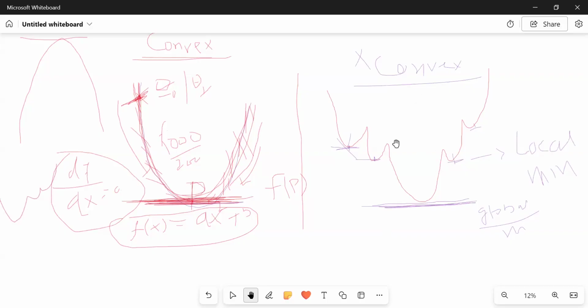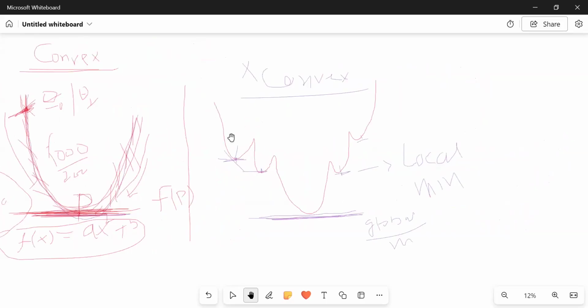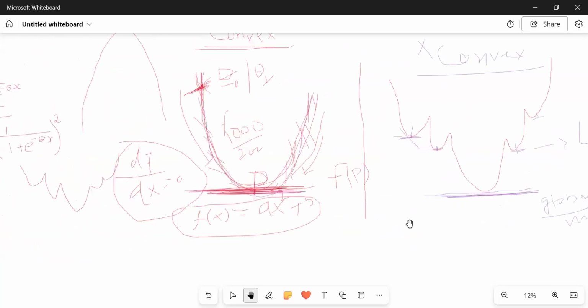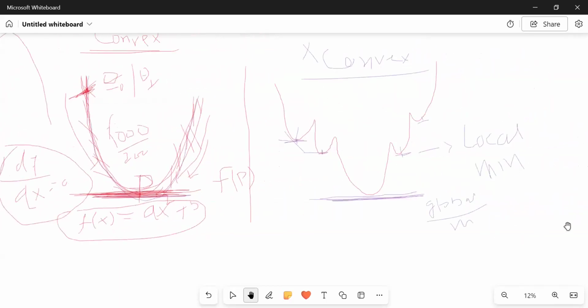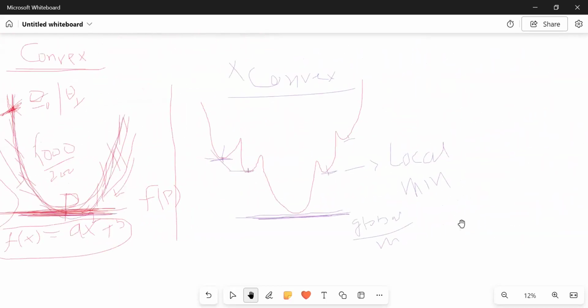In the case of a non-convex graph like this, there is one limitation with respect to gradient descent. You can apply gradient descent only when your graph is convex and there is just one local minimum or local maximum. If your graph has multiple maxima or multiple minima, then gradient descent will have difficulty finding the minima.